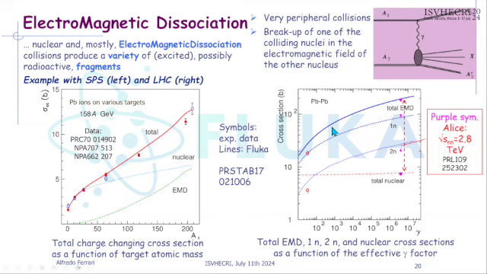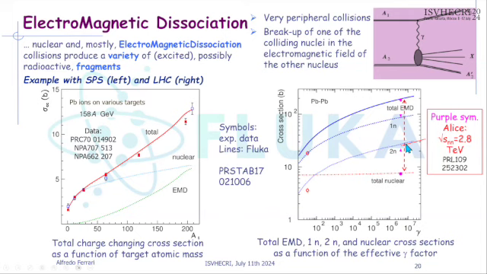On the right plot, you can see the lines are the FLUKA prediction for the cross-section for electromagnetic dissociation for lead-lead collisions, and the purple symbols are the experimental data of ALICE at the square root of s of 2.8 TeV per nucleon.